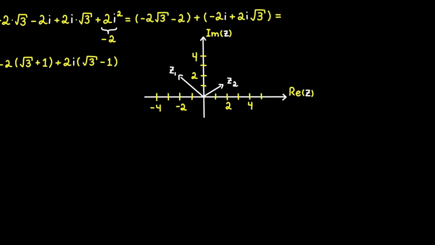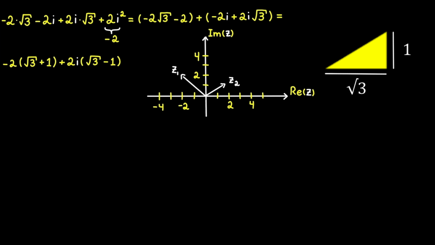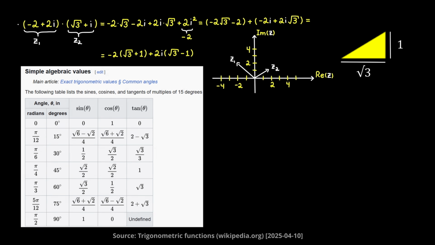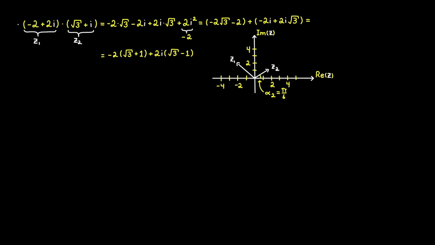To determine the angle for C2, we can see that it goes the square root of 3 steps in the x direction, while it only goes 1 step in the y direction. So if we look at the table for the standard angles for our trig functions, we can see that the angle for C2 is equal to pi divided by 6, since this row corresponds to the ratios that we also have.